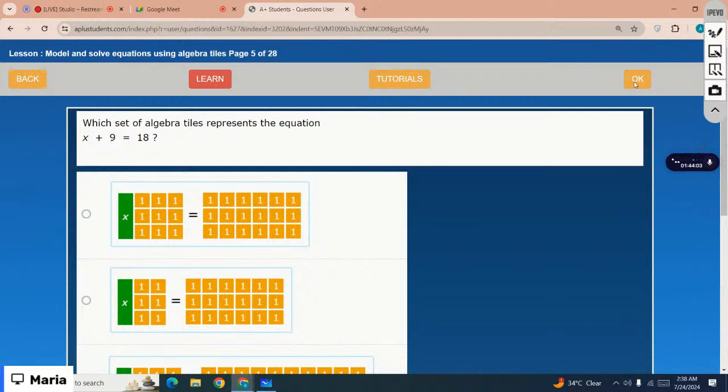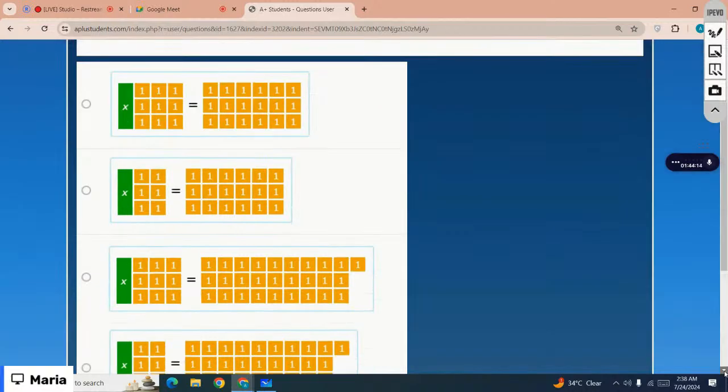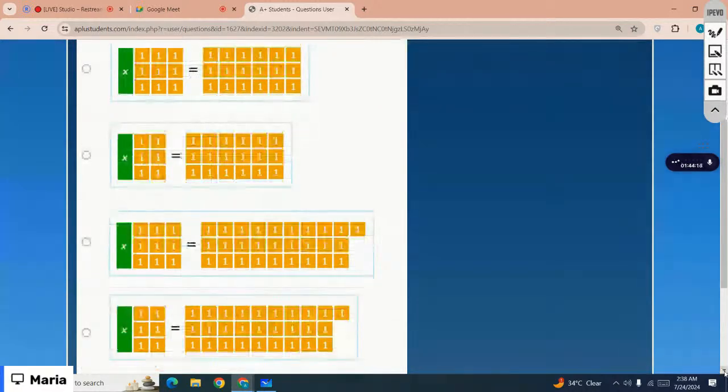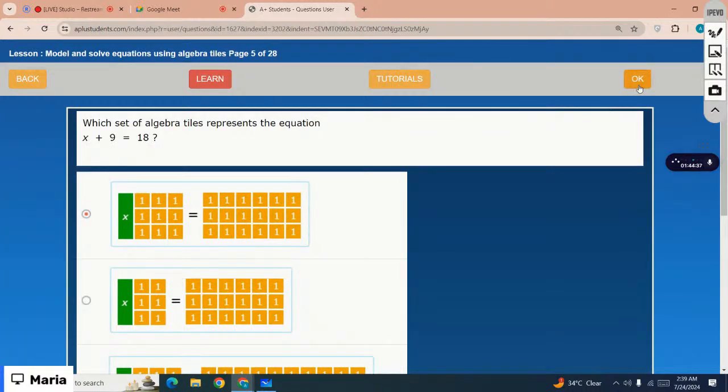Which set of algebra tile represents the equation x plus 9 equals 18? Option number 1 is the correct option.